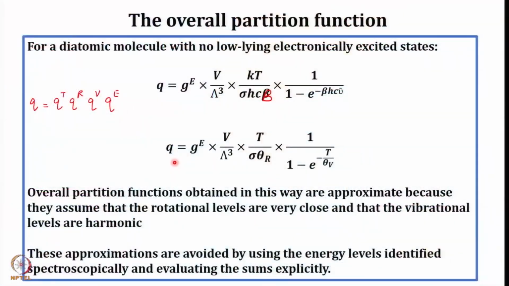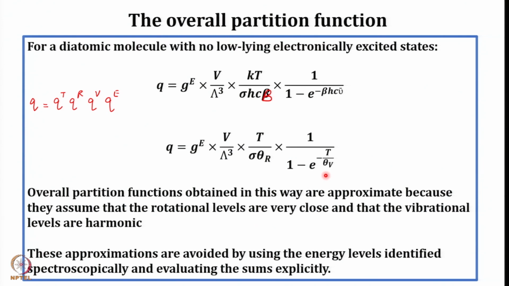Bringing in that, the overall partition function now becomes gE, that is the ground term, into V by lambda cube. V is the volume, lambda is thermal wavelength, and the rotational contribution now is represented in terms of rotational temperature, and the vibrational contribution is represented in terms of vibrational temperature.